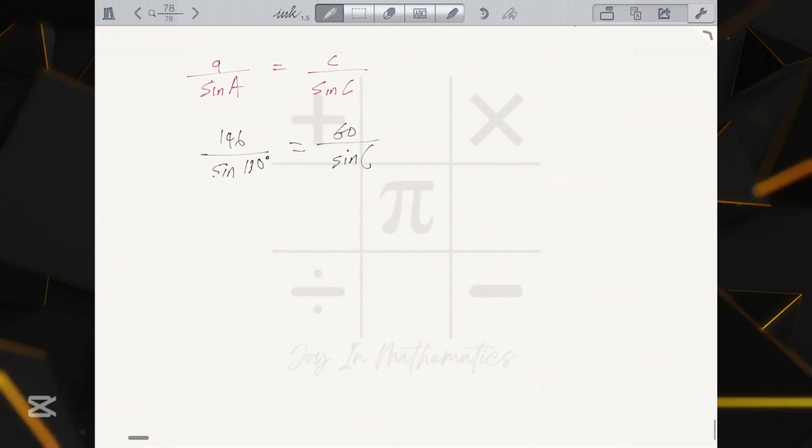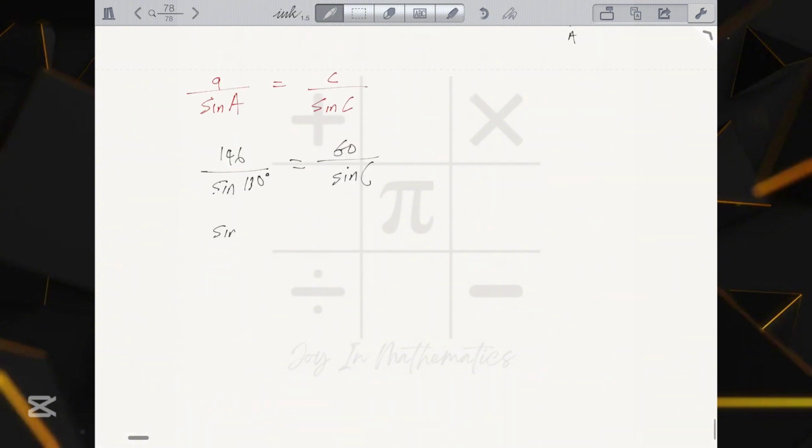Making sine C the subject of the formula, we have that sine C is equal to 60 multiplied by sine 130 degrees divided by 146. Sine 130 degrees can also be written as sine 50 degrees, because 130 degrees falls in the second quadrant: first, second, third and fourth quadrant. 130 degrees falls here, and the acute angle is 180 minus theta.